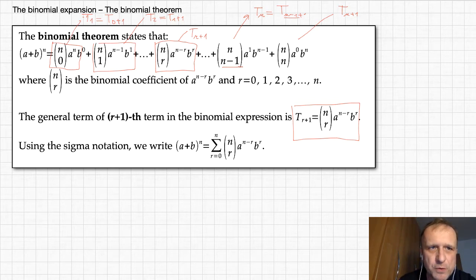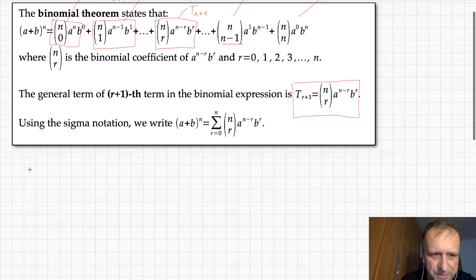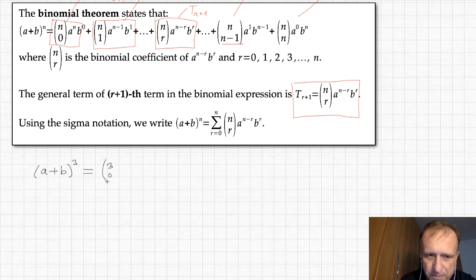Now, let me use this crazy formula for some simple example. Imagine I want to evaluate (a plus b) to the power of 3. According to this formula, the first term should be 3 choose 0 times a to the power of 3 times b to the power of 0, plus, this is the first term.